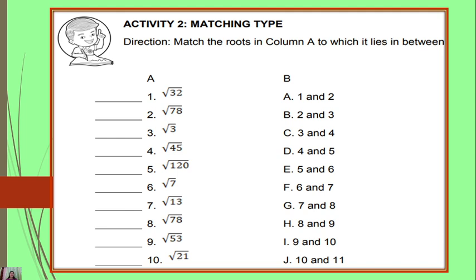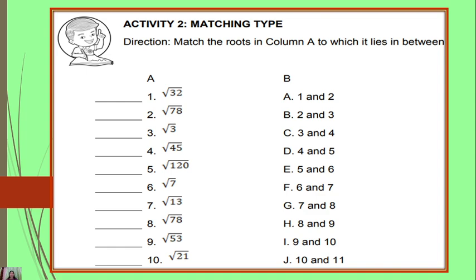Another one, in your activity number 2, matching type. Match the roots in column A to which it lies in between. Square root of 32. So, ano-ano nga ba yung mga perfect squares natin sa table? 1, 4, 9, 16, 25, tama? 25, 36, 49, 64, 81, 100.